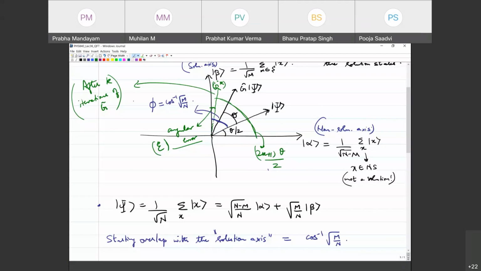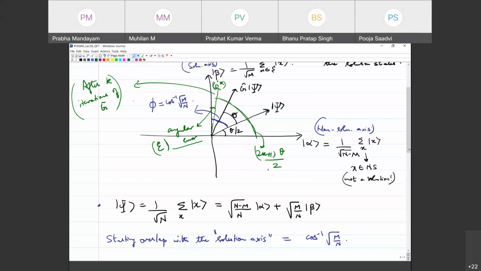I hope you follow. Every iteration is rotating you by theta. So after k iterations, what will be the angle with this? That is 2k plus 1 theta by 2. So it's basically pi by 2 minus 2k plus 1 theta by 2, but I'm writing pi by 2 as the sum of these two angles, that is cos inverse square root m over n and theta by 2.